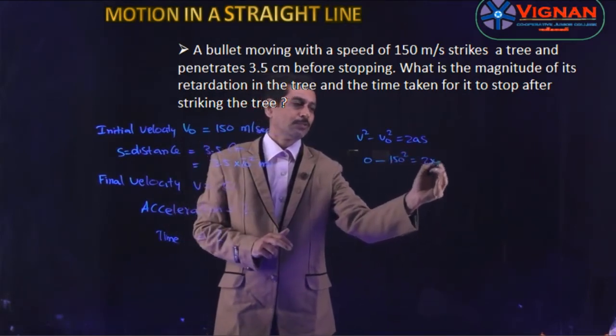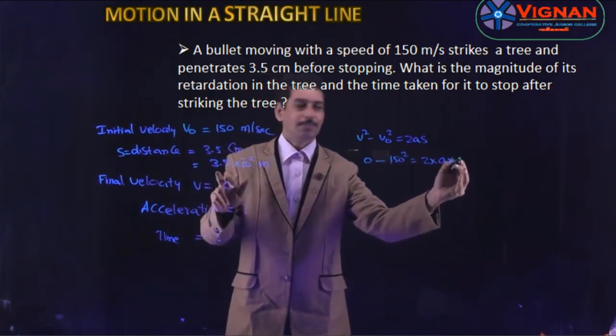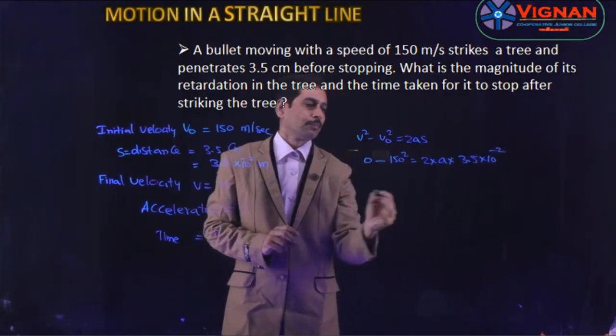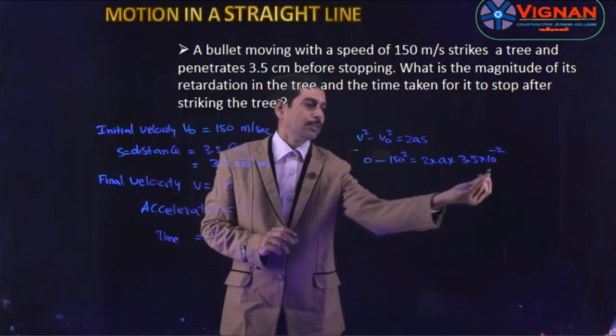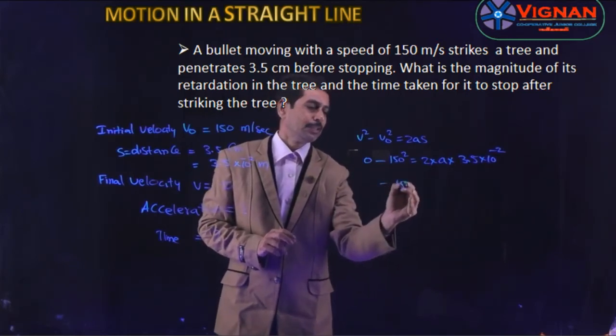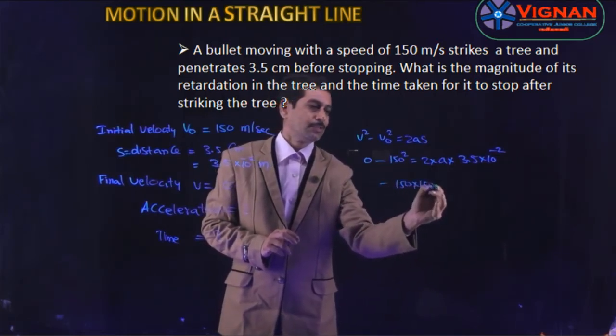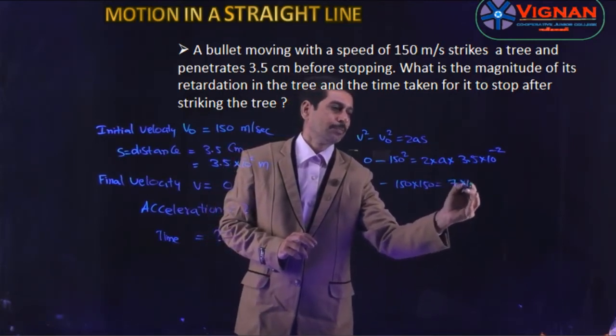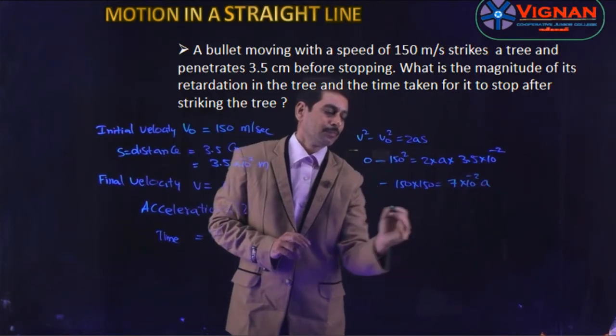We are asked to find a, and the distance is 3.5 into 10 power minus 2. So bringing these terms, minus 150 into 150 is equal to 3.5 into 2 is 7 into 10 power minus 2 a.